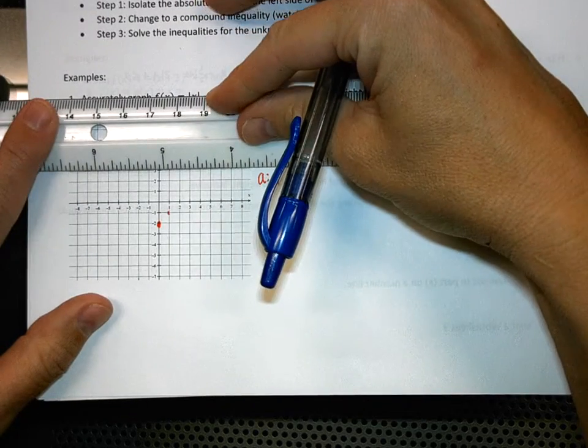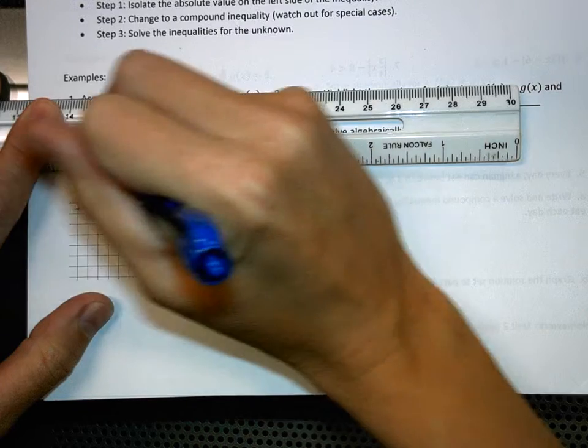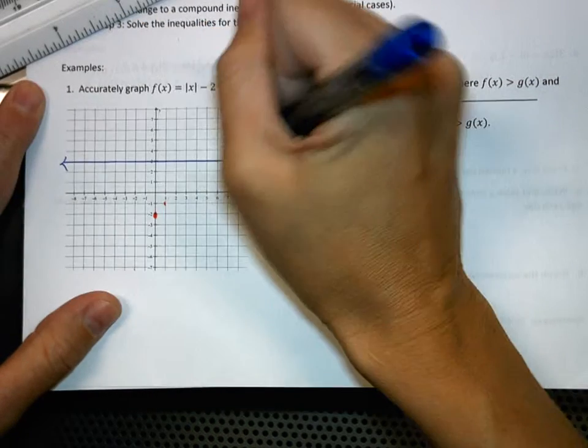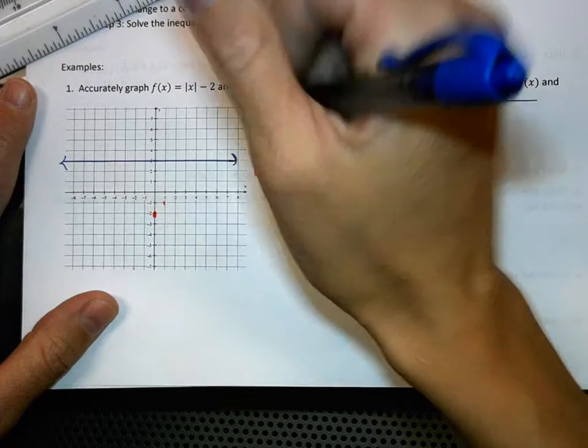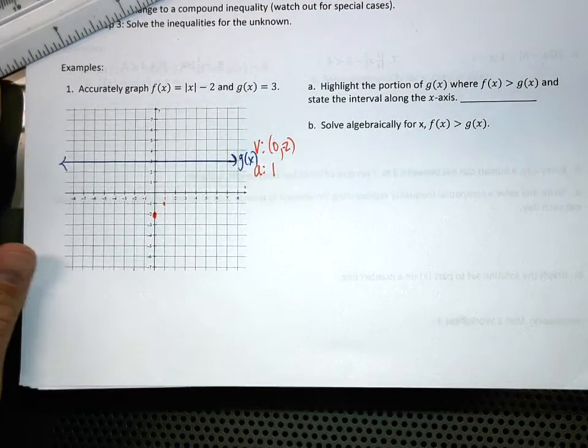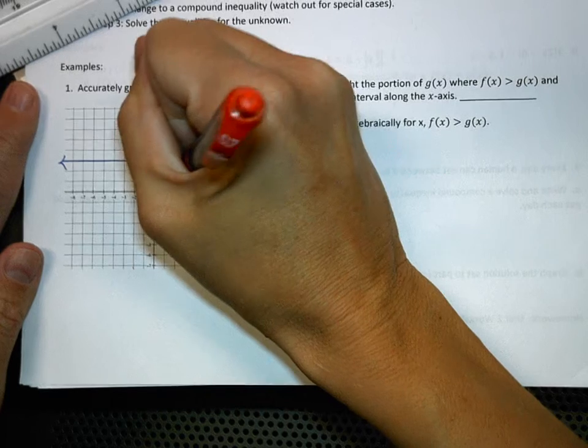so that it's easier for me to see, I might end up doing my slope all the way up till I get to that line. I'm just going to mark that as g of x, so that I know the exact point that it intersects.